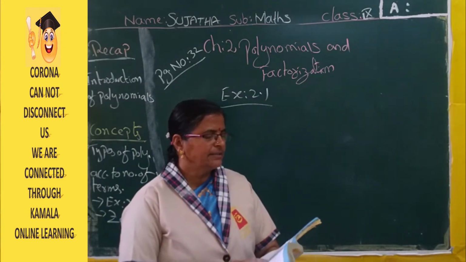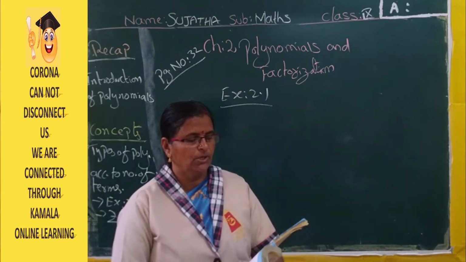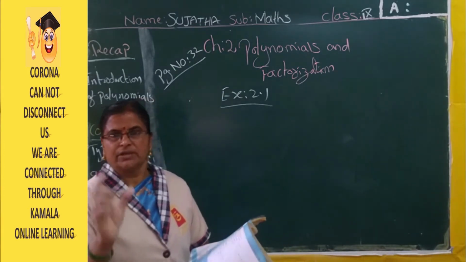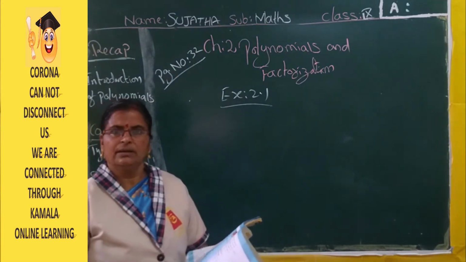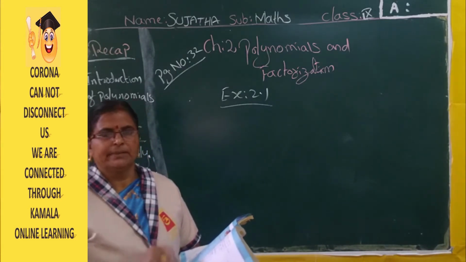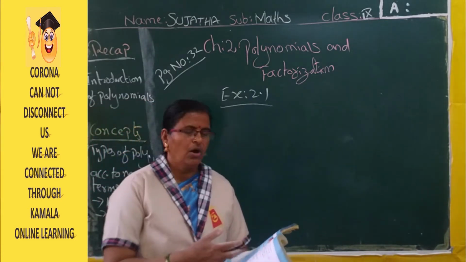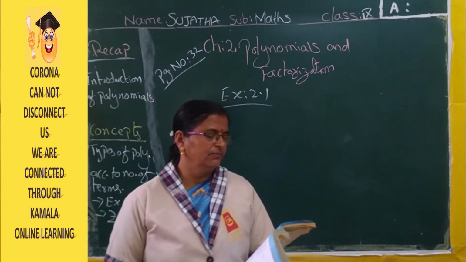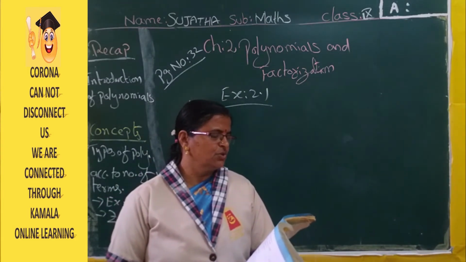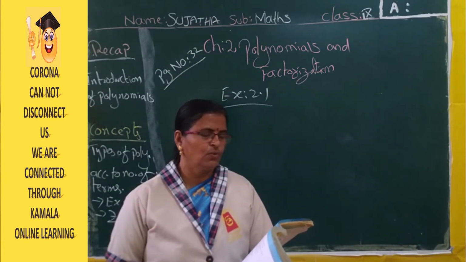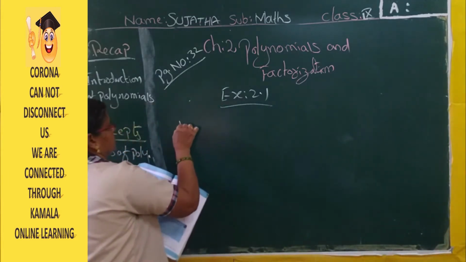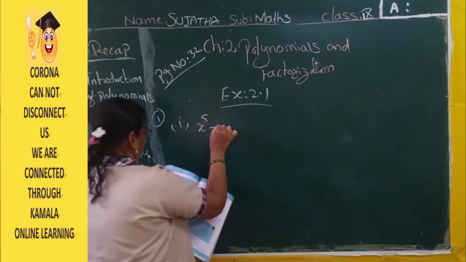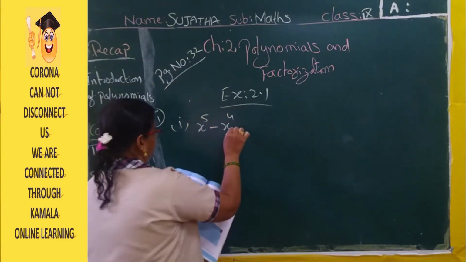First one: find the degree of each of the polynomials given below. I will give the answers. Please take your pencil and note down in the textbook first. After completing the class, you have to enter everything in your classwork. First one: x to the power 5 minus x to the power 4 plus 3.